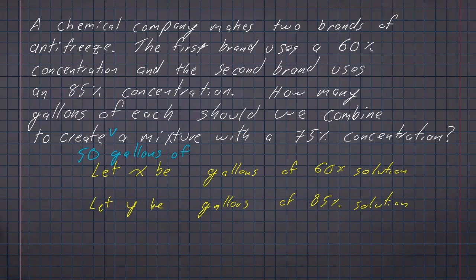We need not just the concentration, but we also need to know how much stuff we want to get in the end. Our goal is to fill up a 50-gallon drum with this antifreeze mixture. That's important. Without that information, we won't be able to solve the problem. How much of each should we purchase so that when we mix them together, we get 50 gallons and it has a 75% antifreeze concentration?